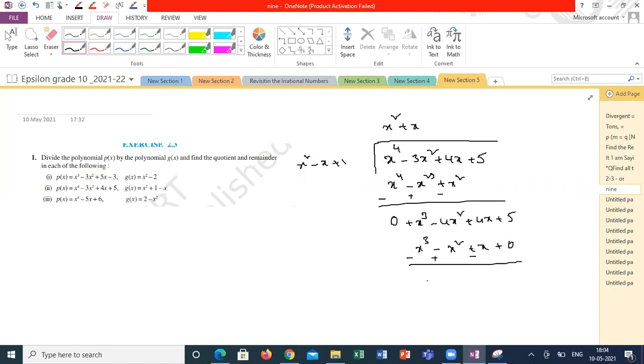Minus plus minus, minus 3x square plus 3x plus 5. Minus 3, minus 3x square plus 3x minus 3.